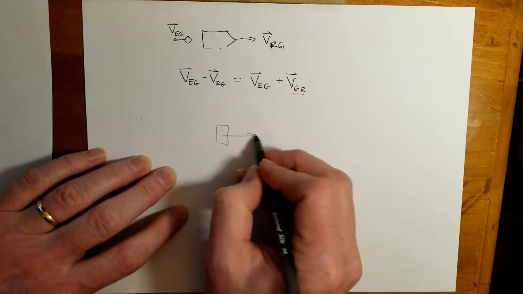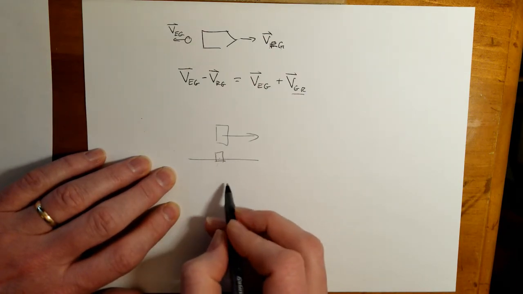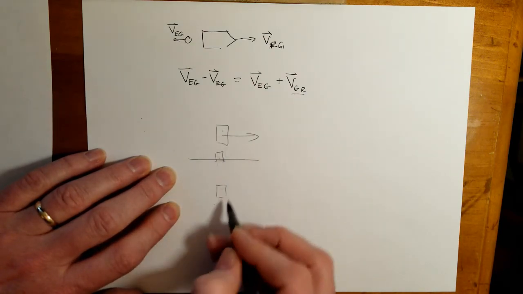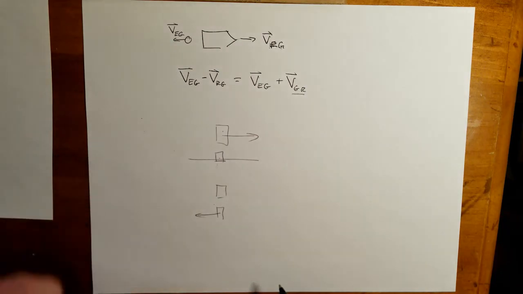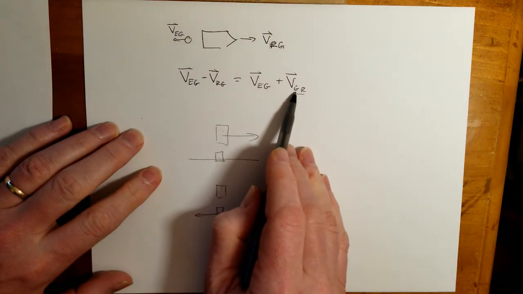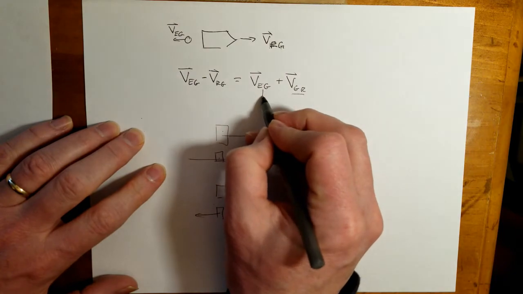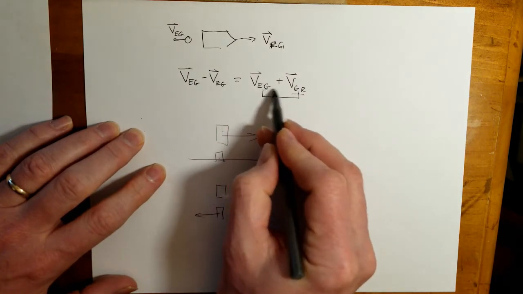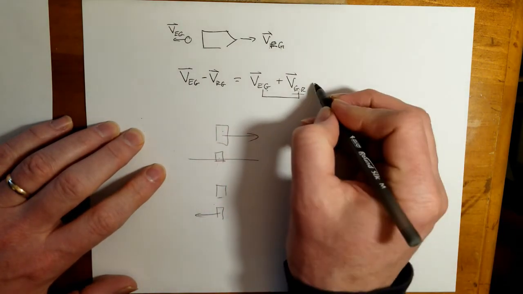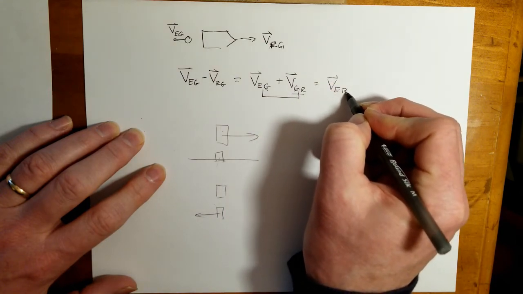So if I have an object moving this way relative to some point on the ground here, if I did it from a different point of view where this object was still, the ground would be going in the other direction. So by flipping around what is the object and what is the reference, we change the sign. If we're just dealing with Galilean relativity, I have the common reference there on the inside, so this just becomes the velocity of the exhaust with respect to the rocket.